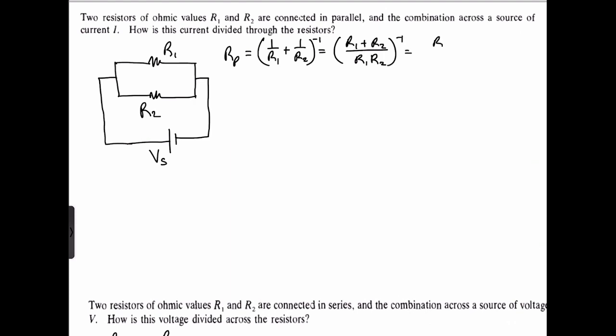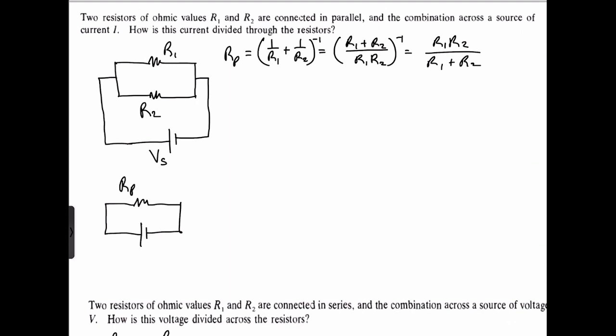That's going to equal R1 times R2 over R1 plus R2. So here we have the combination of both resistors. Let's draw the circuit for that.